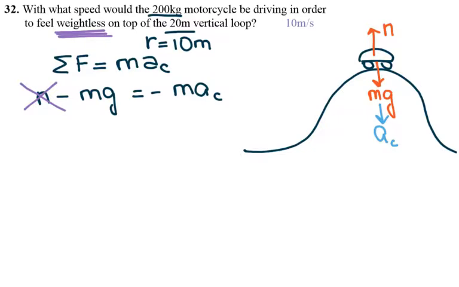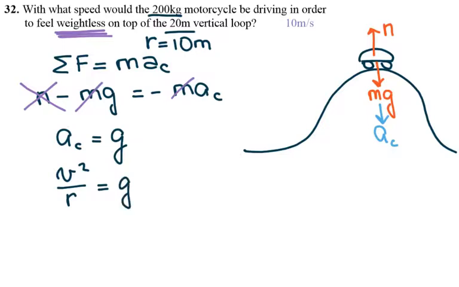Again, if I cancel the masses from both sides and multiply by -1 both sides, then I have ac is equal to g. ac is v squared over r, which is equal to g. So your v must be equal to the square root of r times g.